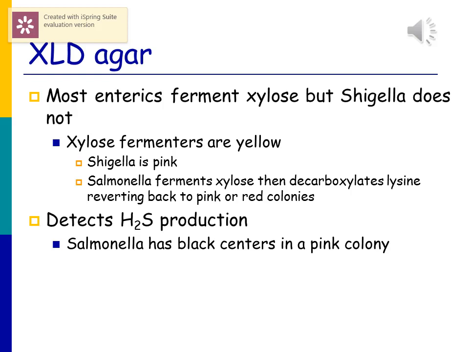So XLD allows you to detect your hydrogen sulfide production. You want to look for your Salmonella. Salmonella is going to have black centers and usually is going to be a pink colony because of this decarboxylation of the lysine.